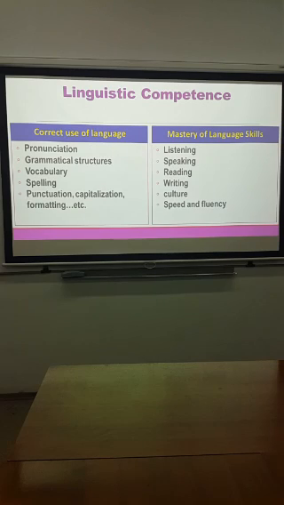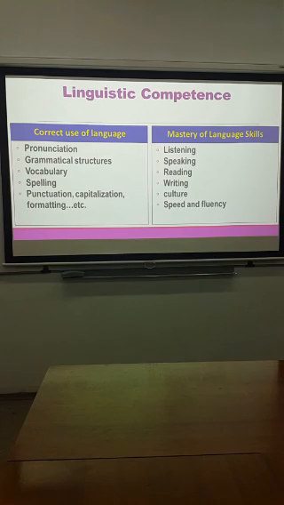The other thing, she should have a good mastery of language skills. Language skills such as listening, speaking, reading, writing. She should also have good knowledge of culture and should speak or read the language fluently, should be fluent.